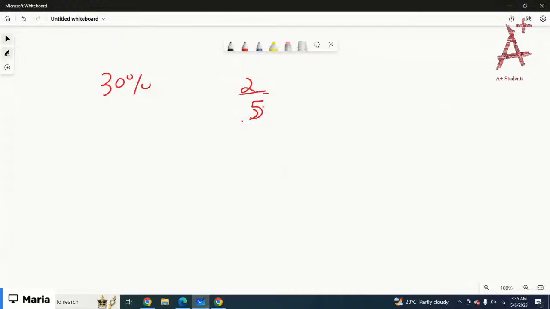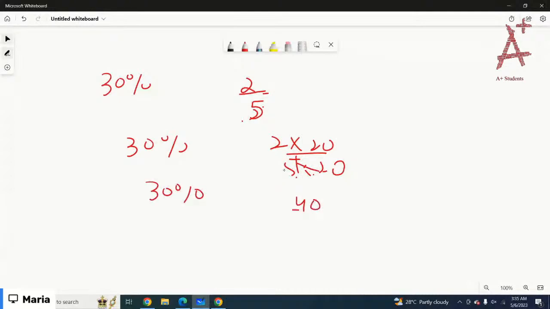Okay, 5 times 20 makes 100. So let's just multiply the fraction. So it would be 20 times 2 is 40 and 20 times 5 is 100. So it would be 30% and it would be 40%. So 30% is less than 40%.